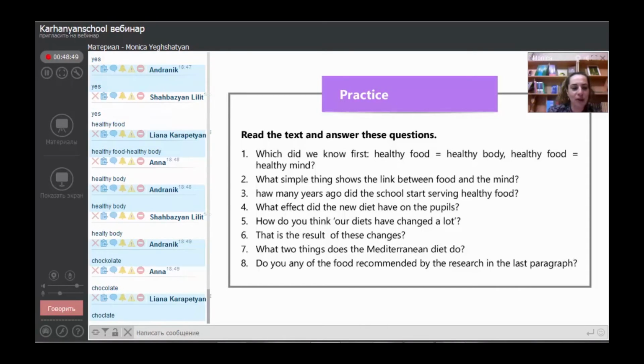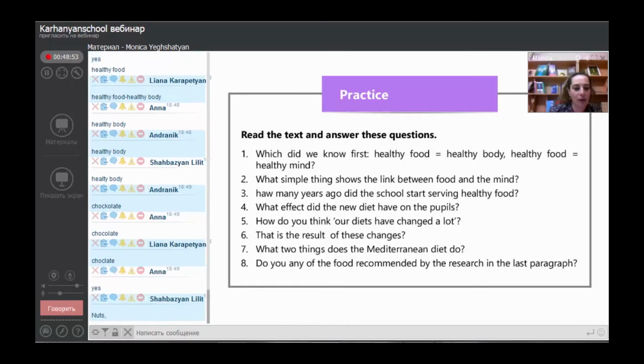Have you ever eaten chocolate to have good mood? Yes, yes, nuts. For example, there are people who say that when they are nervous, they like to eat chocolate and they become very happy. I hope it's correct. Now let's answer question number 3.